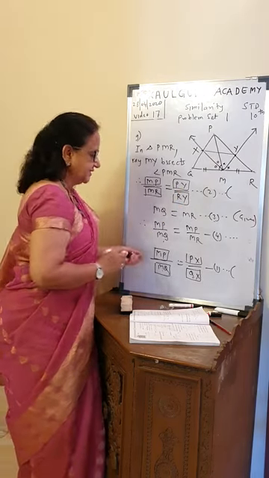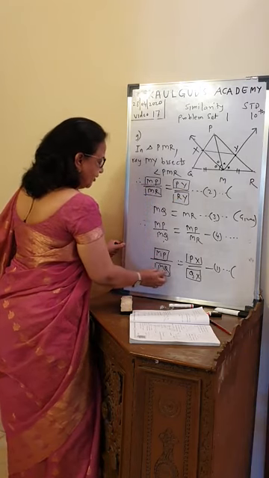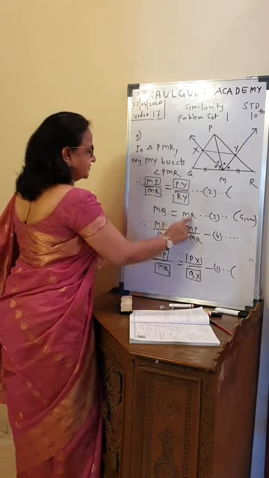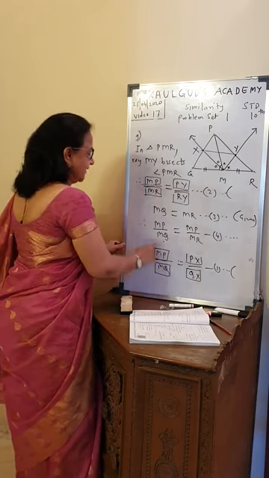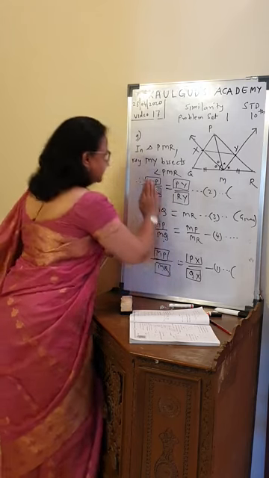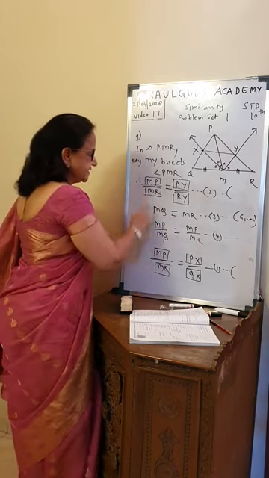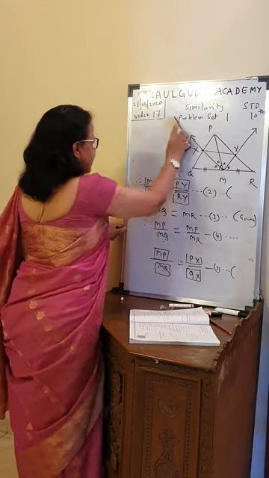Can I repeat quickly this step? Left side ratios I am claiming they are equal. Why? Denominators MQ and MR are equal and numerators MP and MP identical. So numerators are equal, denominators are equal. So this full ratio equal to this full ratio. LHS equal, so RHS have to be equal. So next step, I am now writing the RHS.